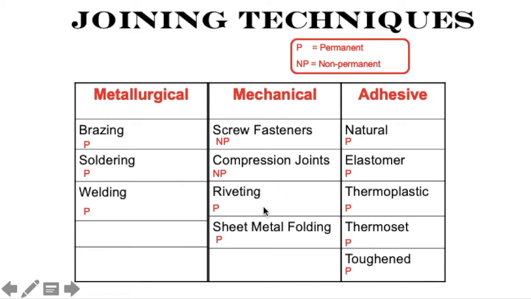The permanent ones, even though they're cold ones, like riveting for instance, it is permanent in that to put it apart you have to destroy the rivet itself. Whereas these other ones that are non-permanent is a matter of unscrewing the bolts and nuts and all that. But this you have to destroy the actual joint, not the component. You destroy the actual joint of the rivet if you want to put it apart. That's why it's permanent. And then the adhesives, obviously, all of them are permanent.